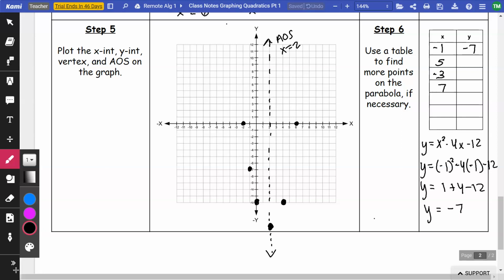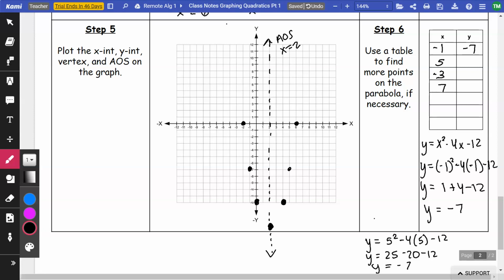And then if we plug in 5, y is equal to 5 squared minus 4 times 5 minus 12. So y would be equal to 25 minus 20 minus 12. That would be 5 minus 12, which is negative 7, which makes sense because we would just reflect that point anyway.